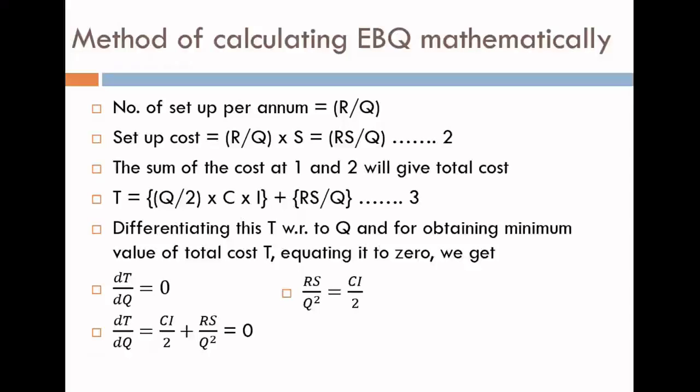So RS by Q square is equal to CI by 2. Then Q is equal to under root 2RS upon CI.